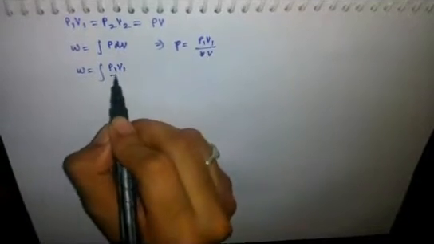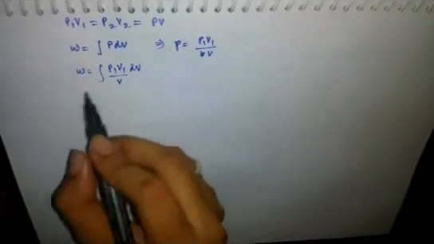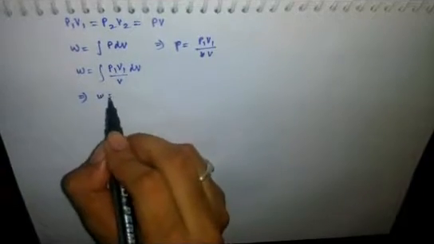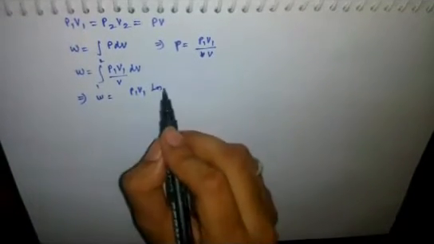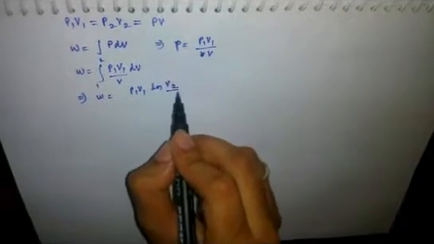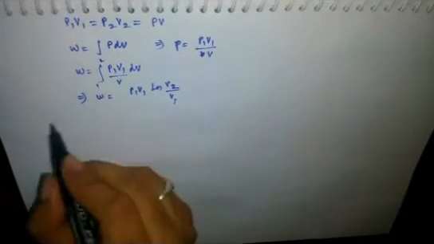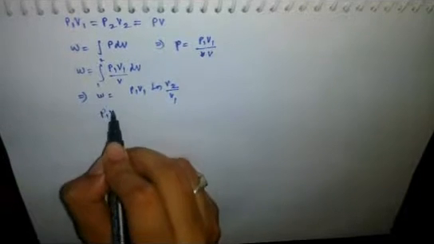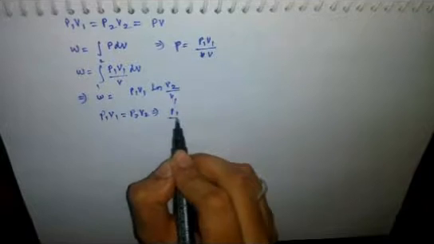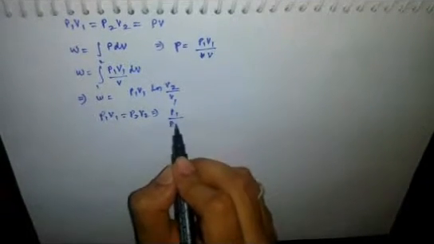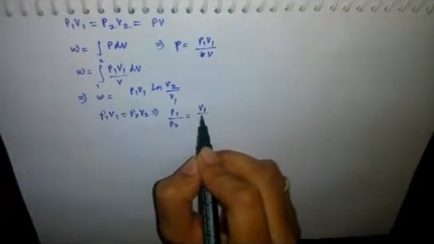W is equal to the integral of P1 V1 divided by V into dV. Solving this from 1 to 2, we get P1 V1 ln (V2 divided by V1). Now again, since P1 V1 is equal to P2 V2 is equal to constant, we can write P1 upon P2 is equal to V2 upon V1.